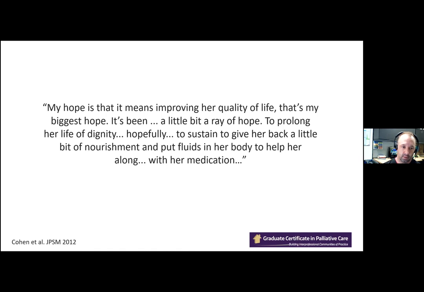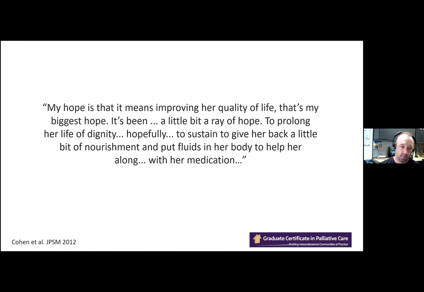What they found in that study is that patients and caregivers hoped for improved symptoms, quality of life, and dignity. They weren't counting on a cure or prolongation of life from these therapies, but were just hoping that it might help their loved one feel better and contribute to quality of life and dignity.